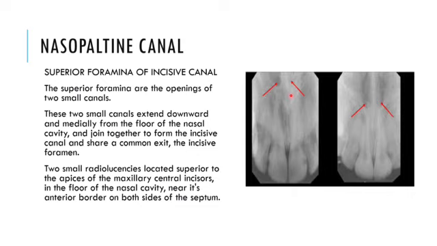Two small radiolucencies are located superior to the apices of the maxillary central incisors. So we can see at the apex of the maxillary central incisors two small round radiolucencies, and it is also in the floor of the nasal cavity and near its anterior border on both sides of the septum.